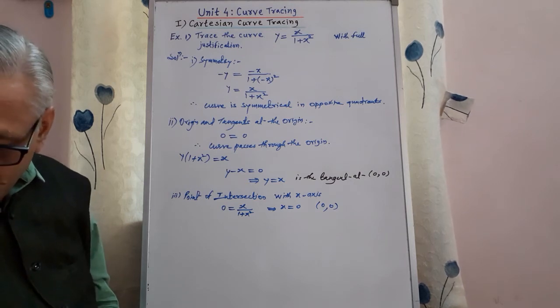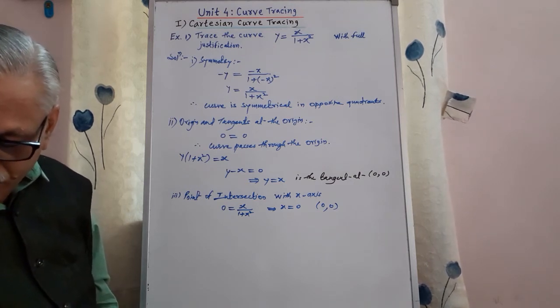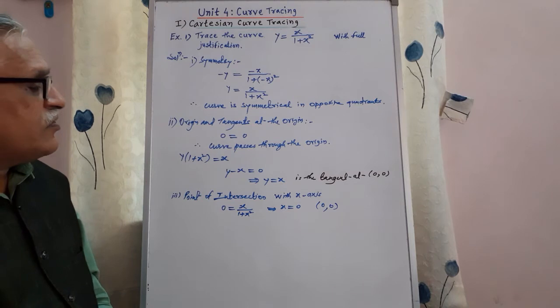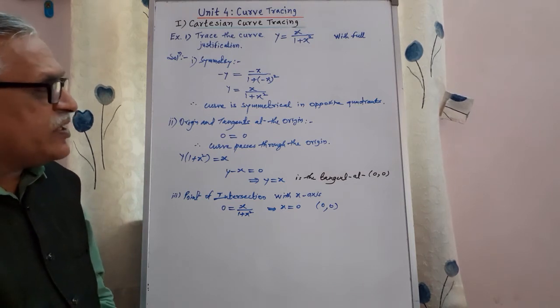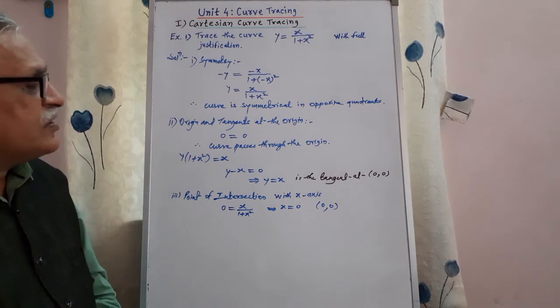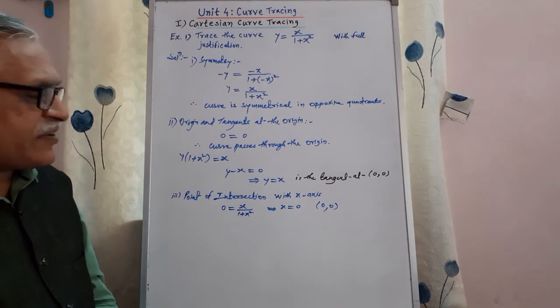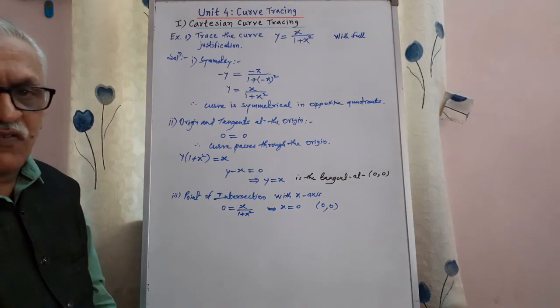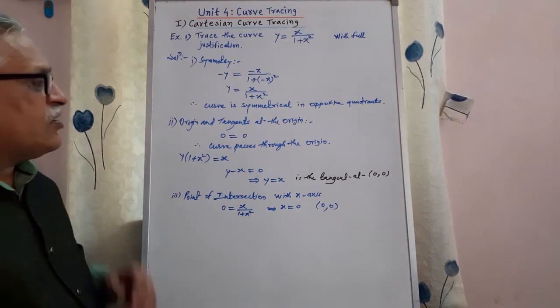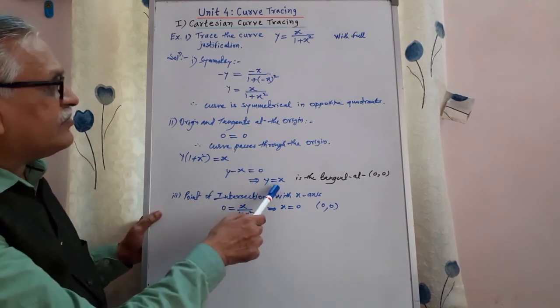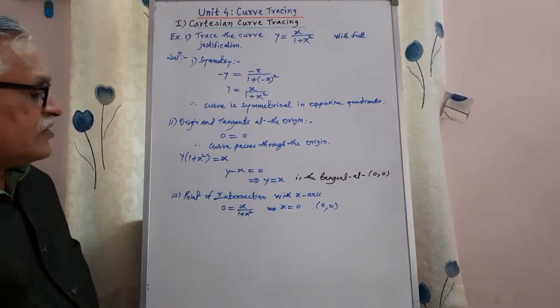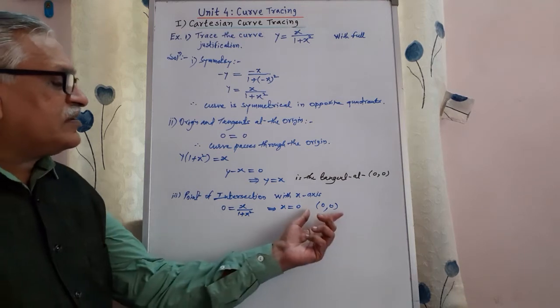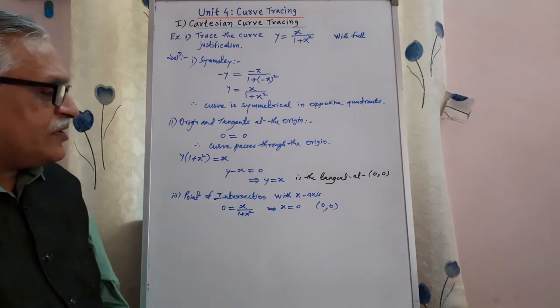Therefore, only origin is the point of intersection with x-axis, or no any other point of intersection of this curve with any axis, whether x-axis, y-axis, or this line. Only origin as a single point of intersection.